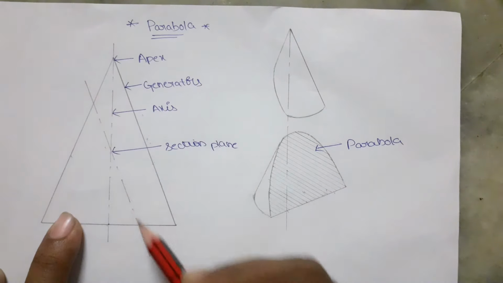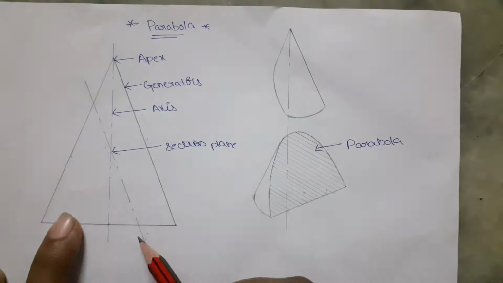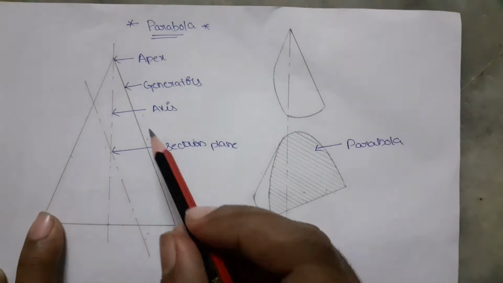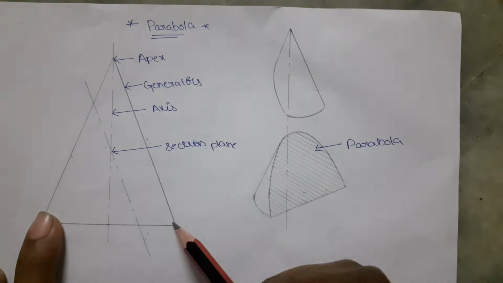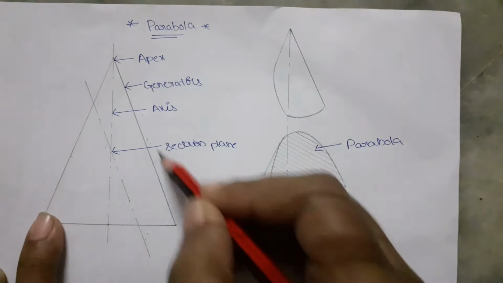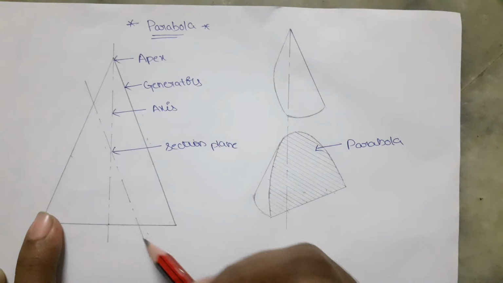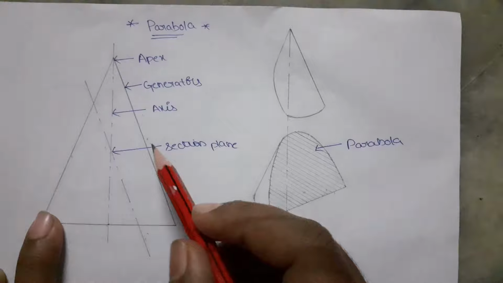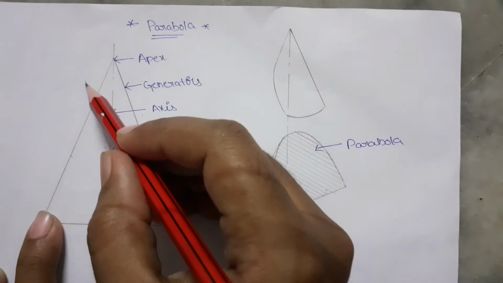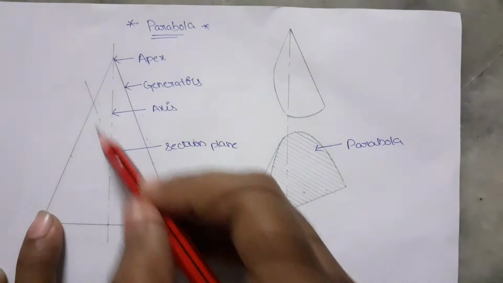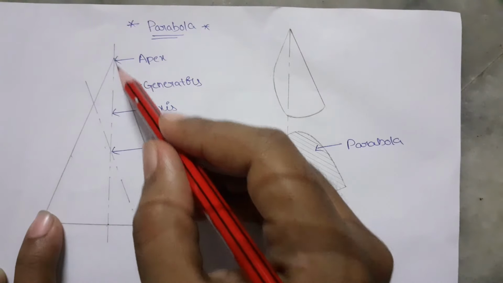This is the section plane, and it cuts the cone in the direction parallel to the generator. This is the generator of the cone, and the section plane is parallel to it.